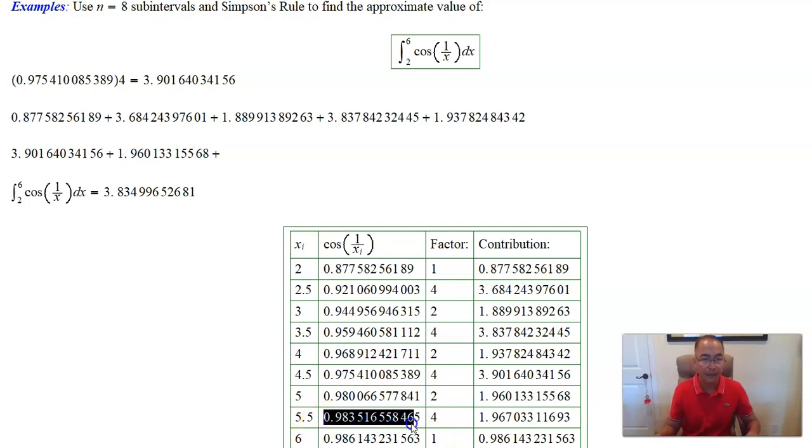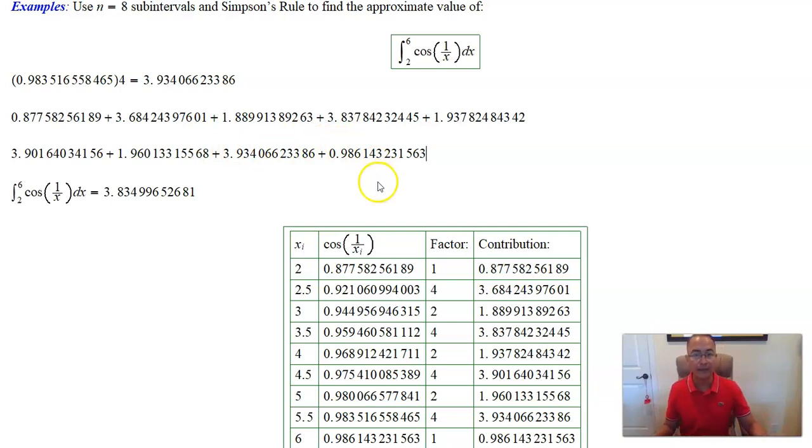Okay, so we're going to take this number, multiply by 4, and get this, which goes in the table, and we add up here, and we add our last number, which is contribution factor of 1. Okay, 1, 2, 3, 4, 5, 6, 7, 8, 9. All right, all present and accounted for.